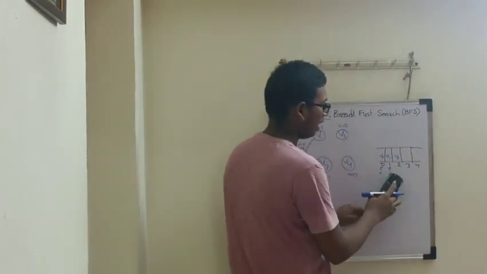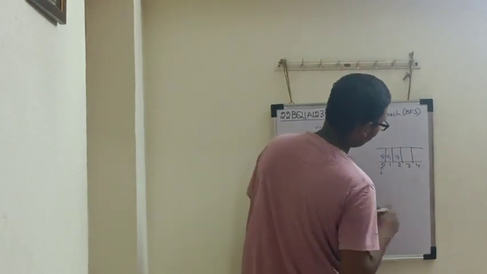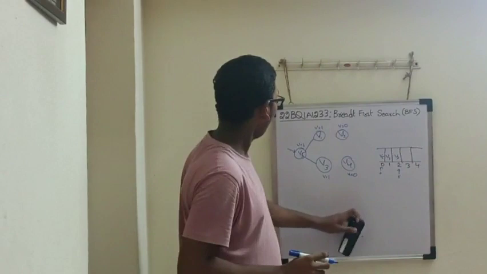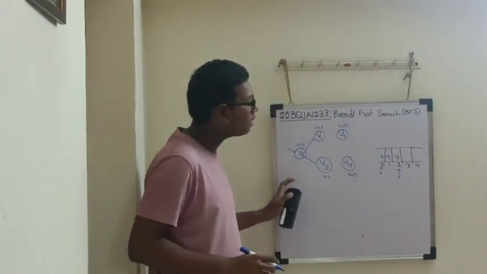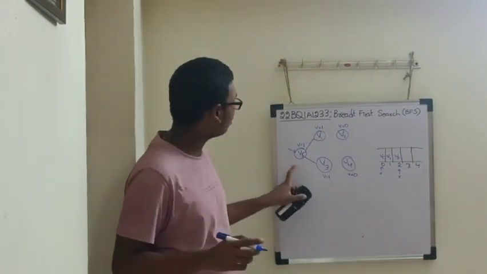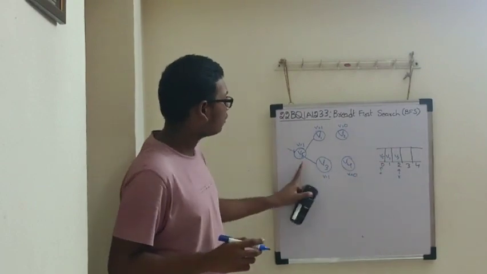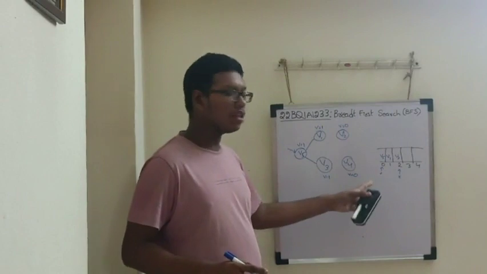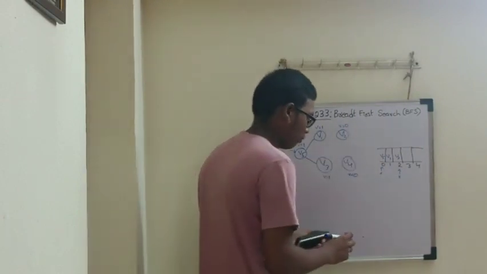So the rear used to be here. Now as I pushed it, it has been updated to 2. Now as there are no other non-visited vertices adjacent to the top of the queue, we are going to pop the top of the queue and add it to the BFS.